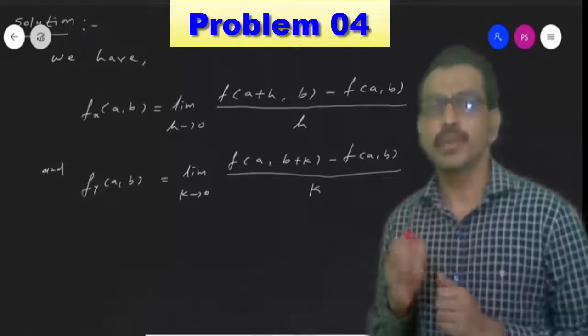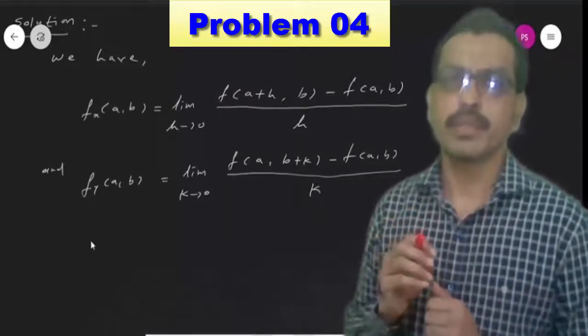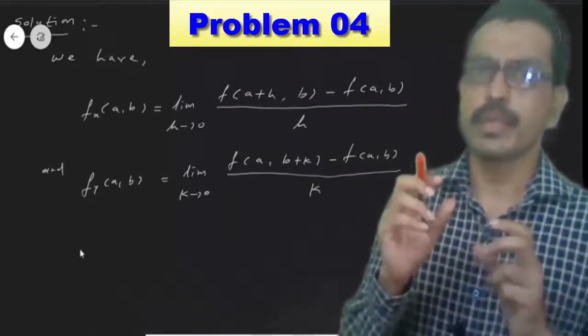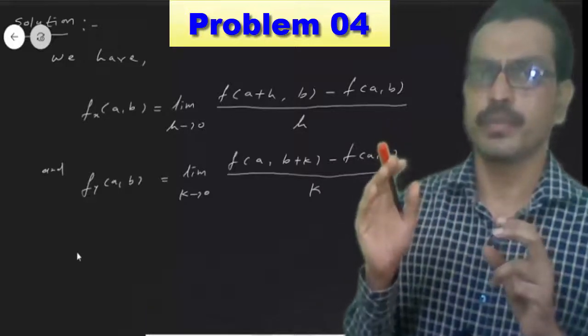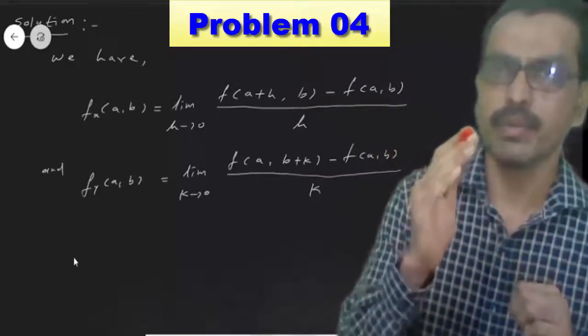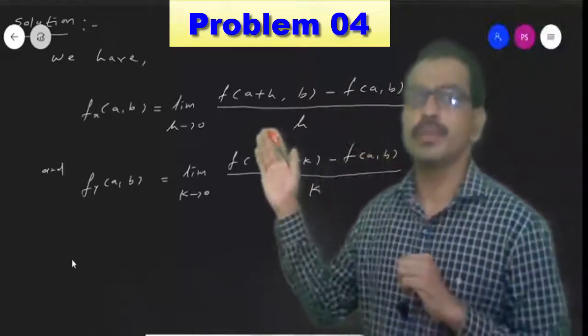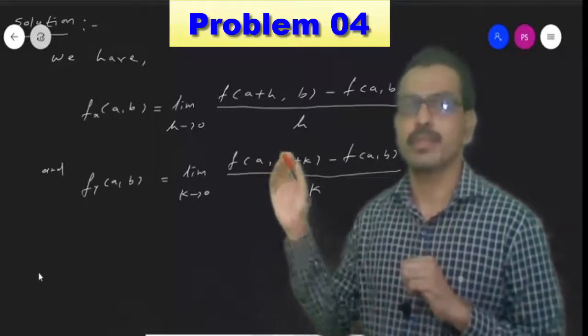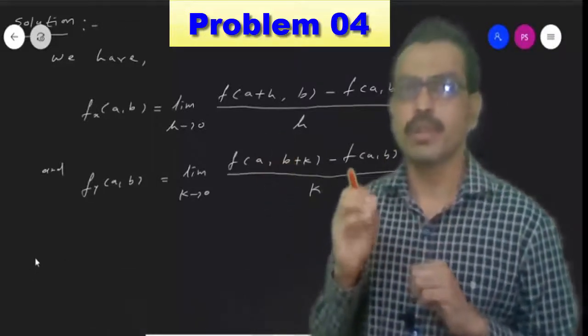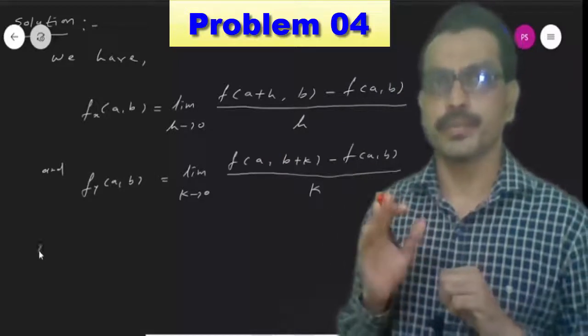Now we have to show that the function is not continuous at the point (0,0), so put a = 0 and b = 0.